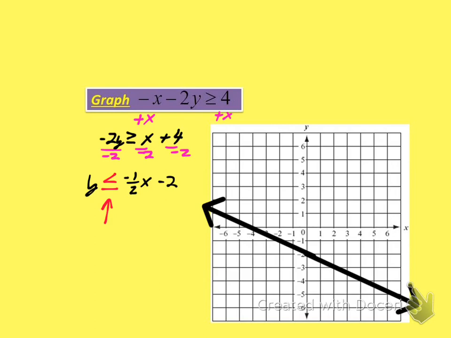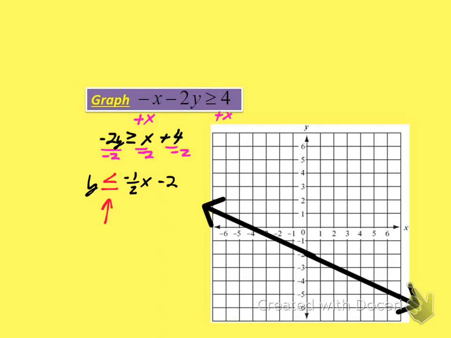You don't. Because from here to here, algebraically speaking, you did everything right. Which means this and this one, when you test it, is going to give you the same results. Either they're both going to be true or they're both going to be false, depending on which point you pick.